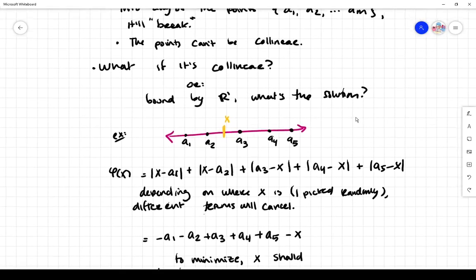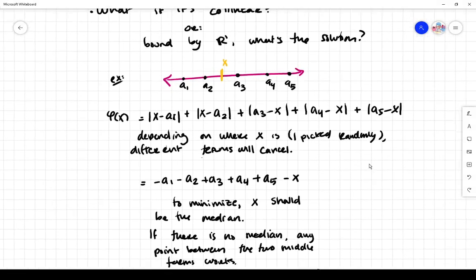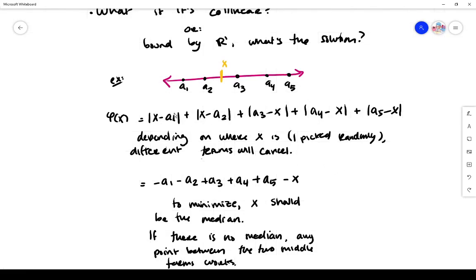But if we have a line, we can solve this with very basic algebra. Because, looking at our problem, we want to take the distance from our minimum distance point to all these points and then add them up. So, for example, in this one, if we take a random point x, which is not the minimum distance point, but let's make it between a2 and a3, and just do some very simple algebra.